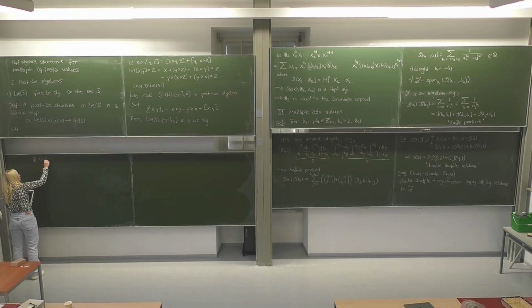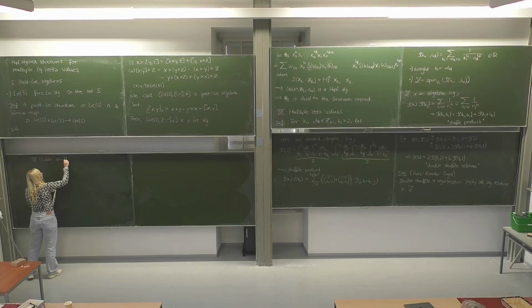So this Lie algebra is what is usually known as the double shuffle Lie algebra.